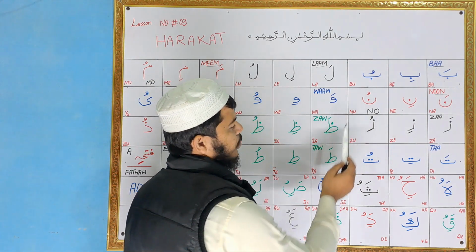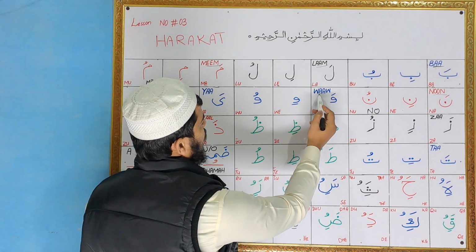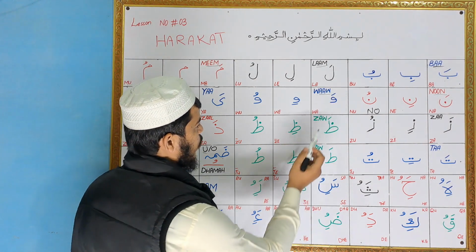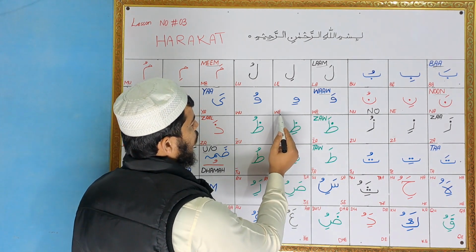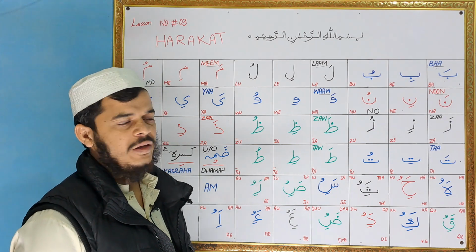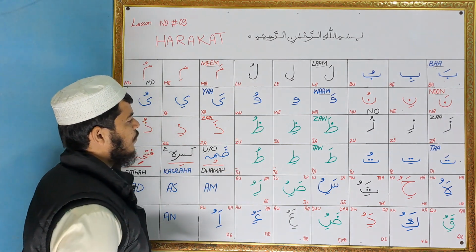So noon dhamma, nu. Waw, we are going to place: waw fatha, wa. Waw kasra, wi. Waw dhamma, wu.